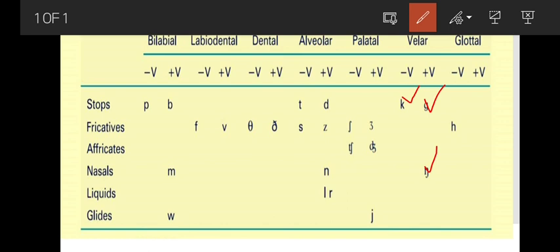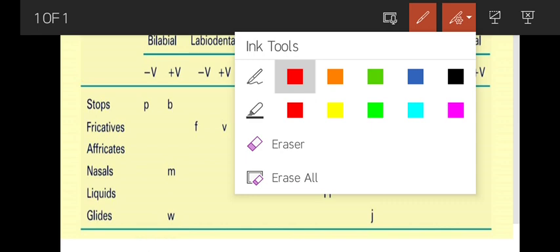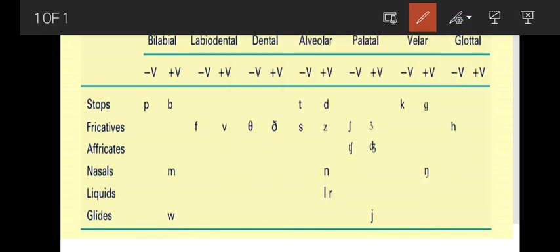It is voiced. Let's talk about the glottal sound, which is the last one in terms of place of articulation. There is a part called the glottis in our larynx, and it is the space between the vocal folds.